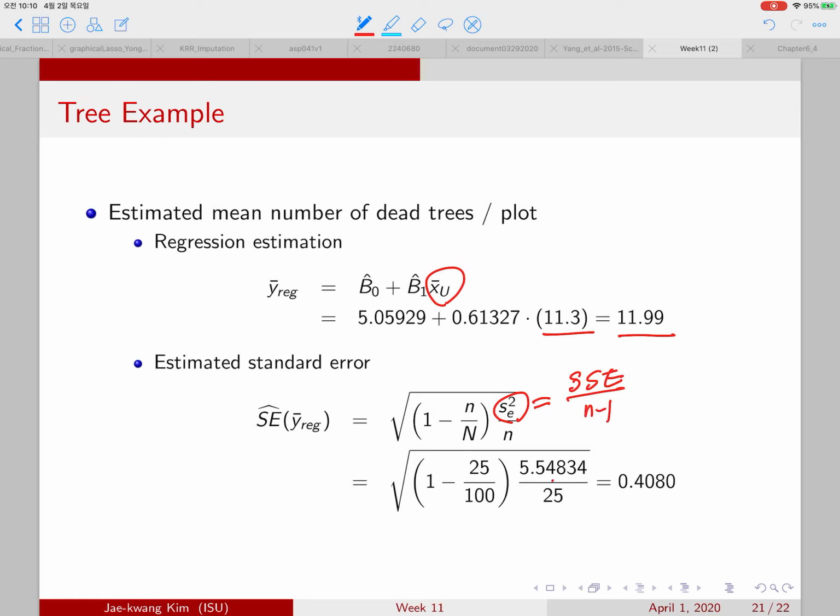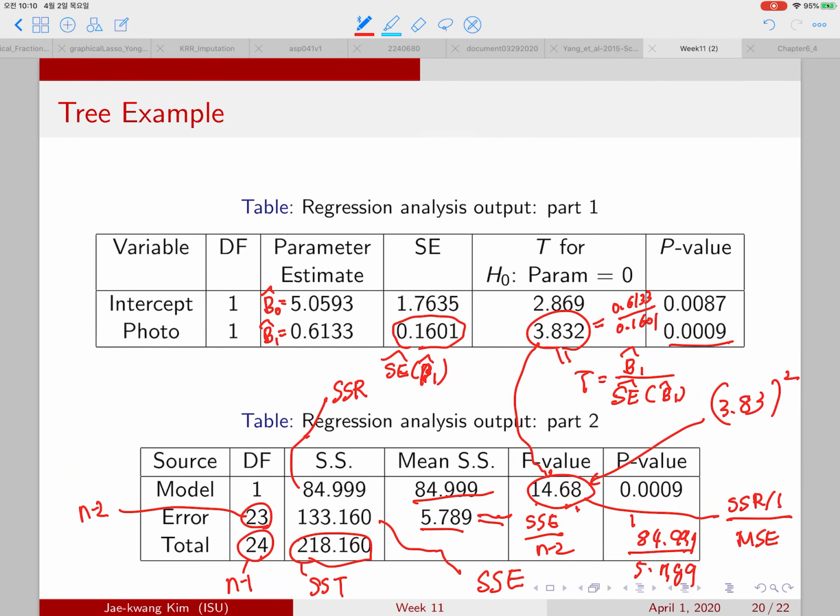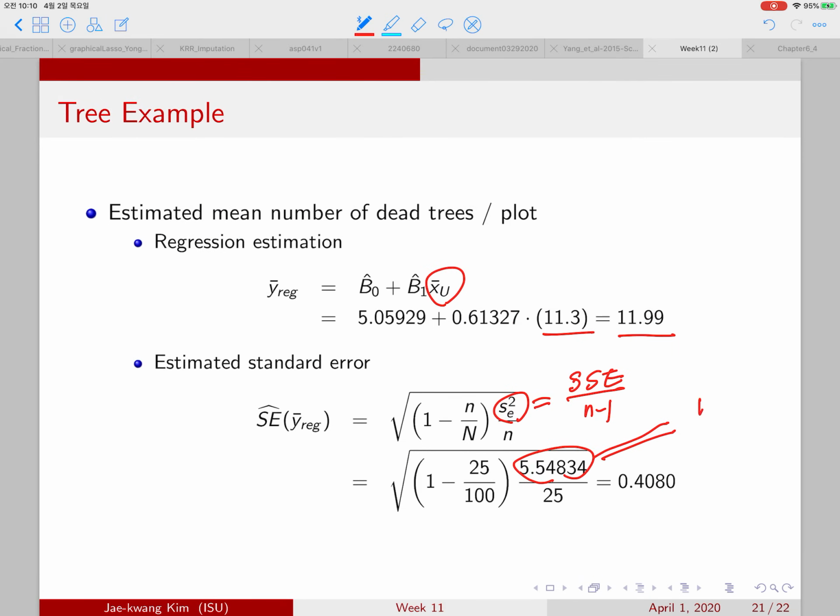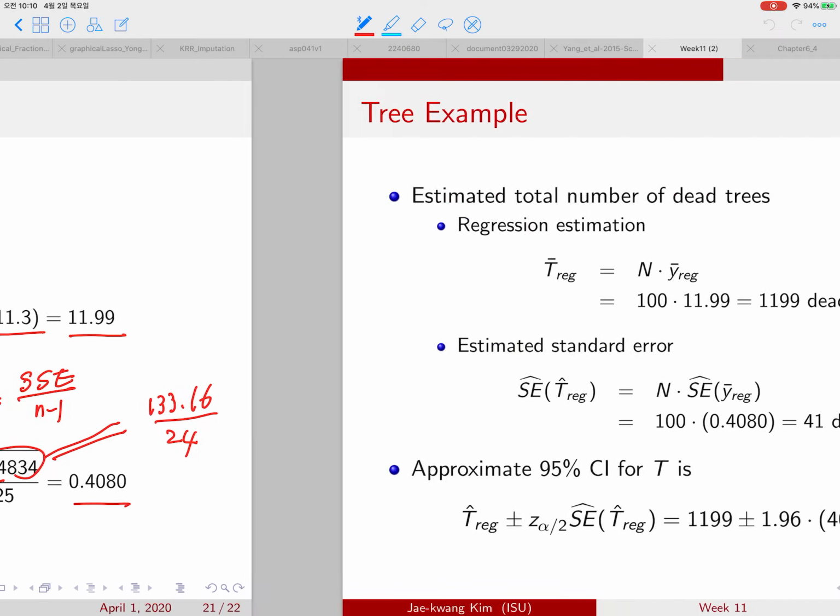So SSE is what? 133.16 divided by n minus 1, which is 24. Okay, that gives us 5.548. So that is the standard error.